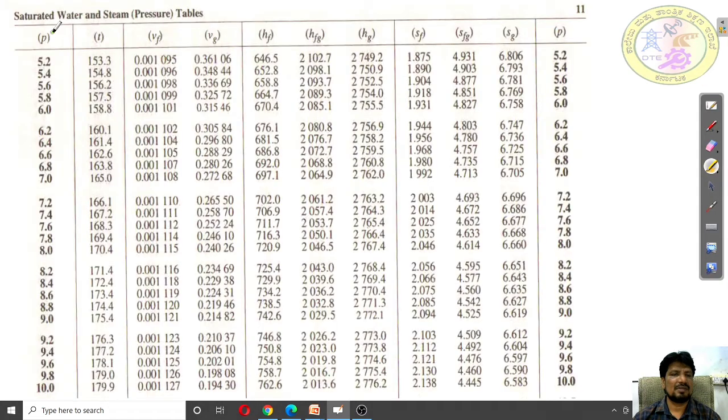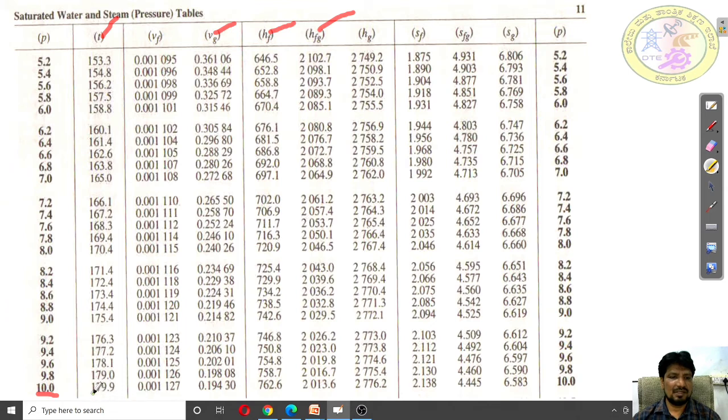This is the steam table. Corresponding pressure is 10 bar, here it is 10 bar. Note down the values of HF, HFG, Vg and saturated temperature.